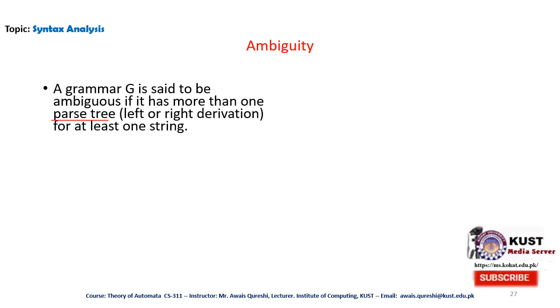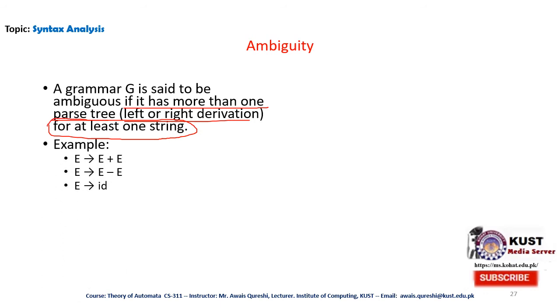So again, you can see that the ambiguity comes because of this concept of parse tree. That parse tree would be either leftmost or rightmost derivation for at least one string. So there are multiple strings, but the condition is for at least one string.